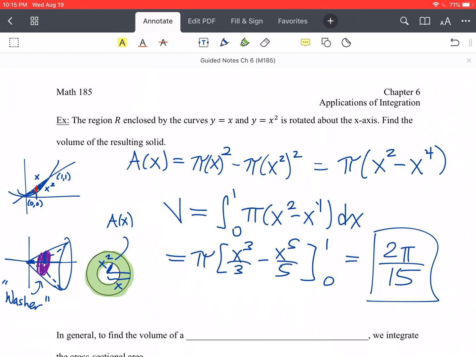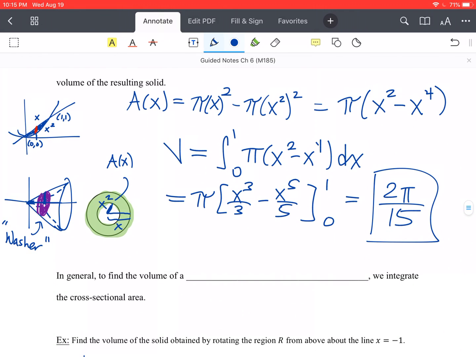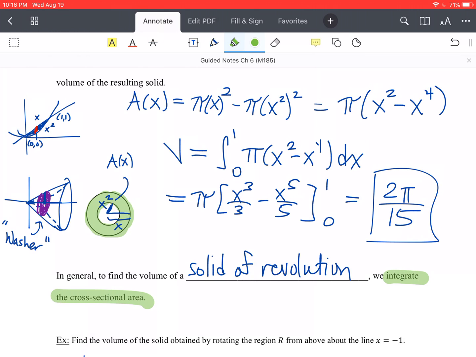Okay, so this method that we have, we're finding the volume of what we call a solid of revolution. So to find the volume of a solid of revolution, we integrate the cross-sectional area. That's what we've been doing this whole time. This is oftentimes called the disk and washer method.